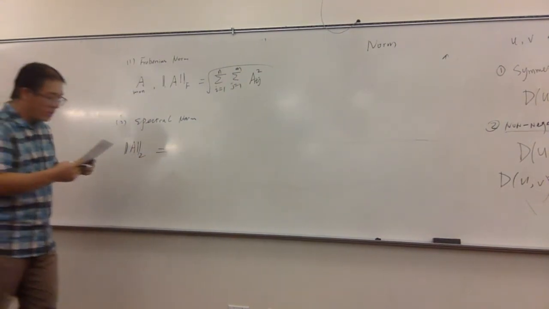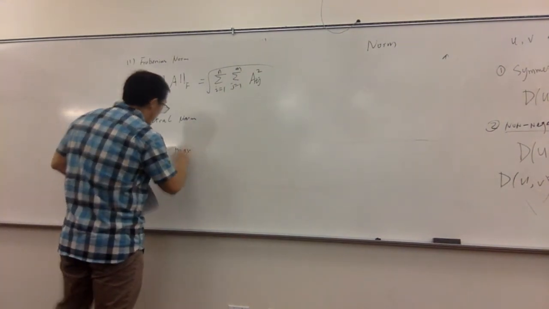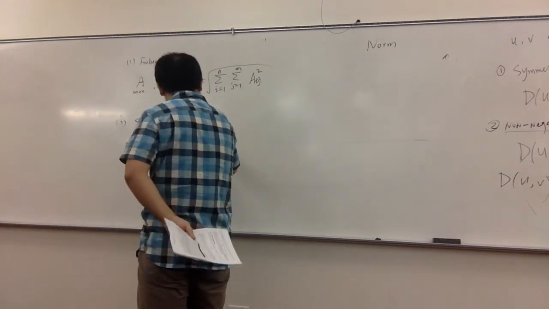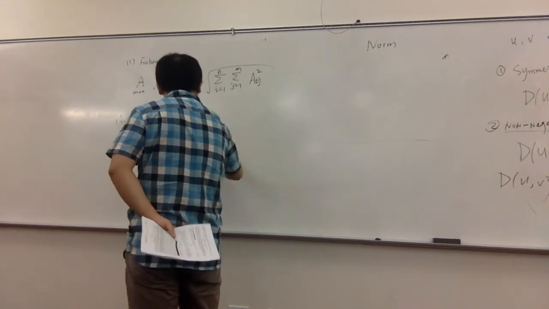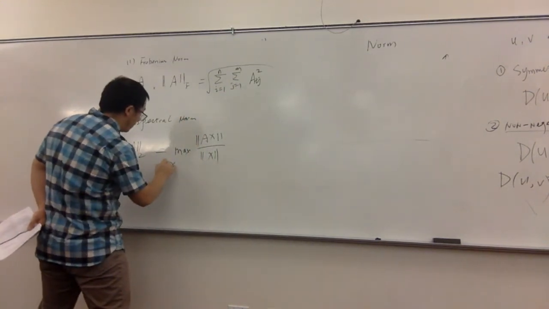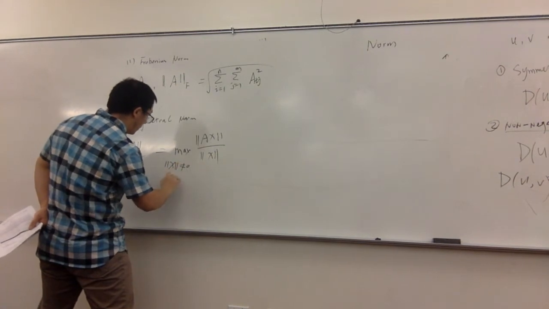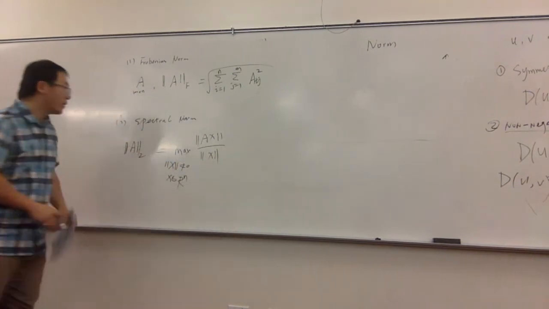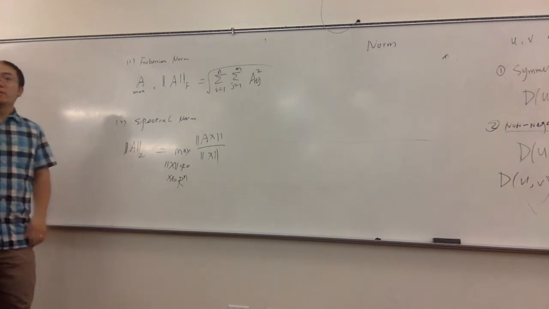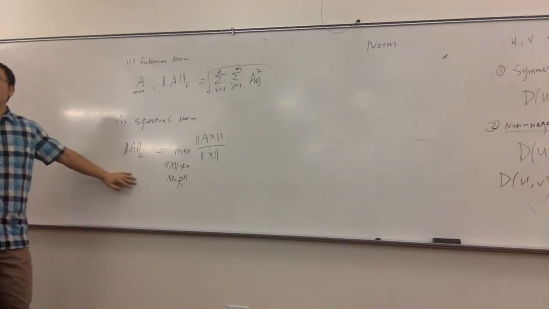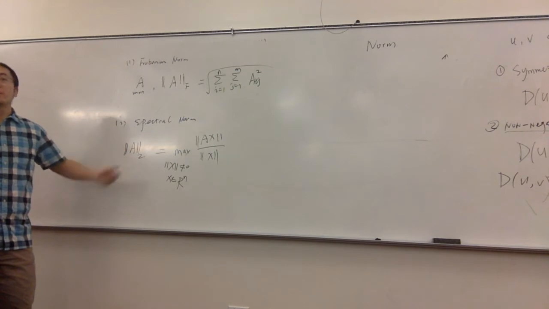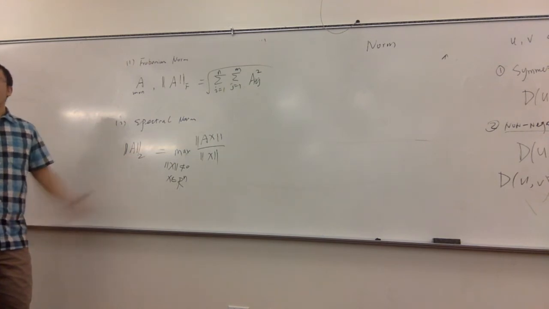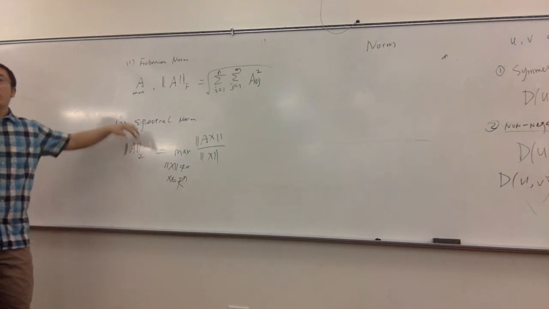The spectral norm is defined as a maximization over this value, where x is an n-dimensional vector which has non-zero norm. It sounds weird, and to me it's weird as well. But all you need to do is know this kind of norm definition, and in simple cases, you should be able to compute this norm.